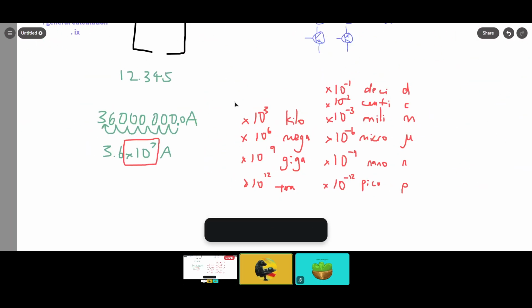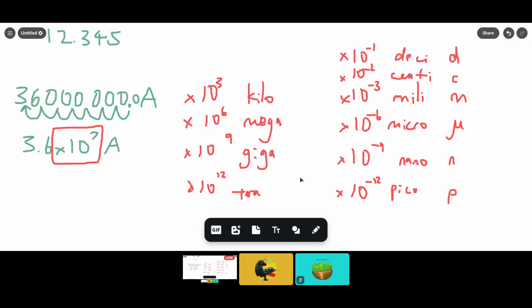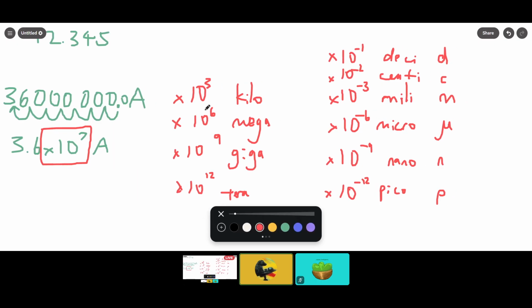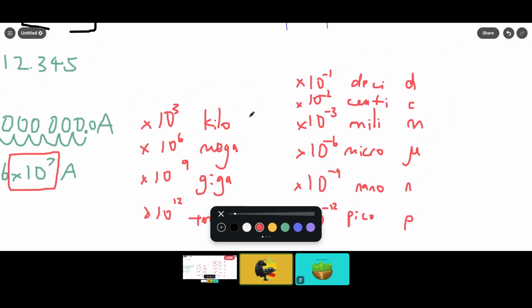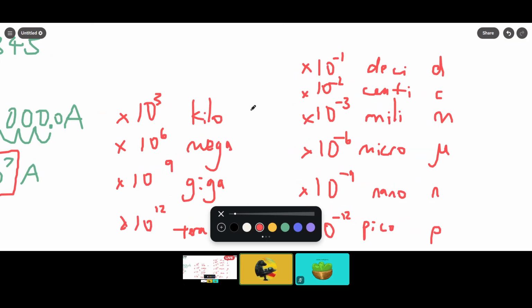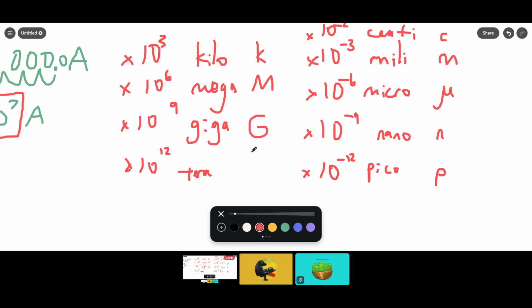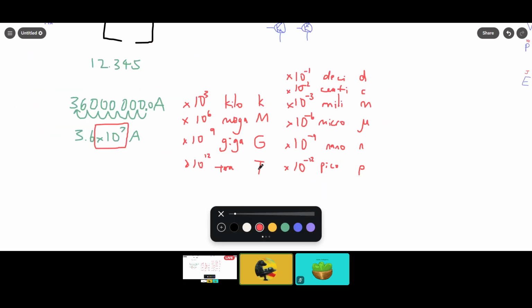Now we have the symbols as well: kilo would be K, mega would be M, giga would be G, and tera would be T. So yeah, it's pretty simple.